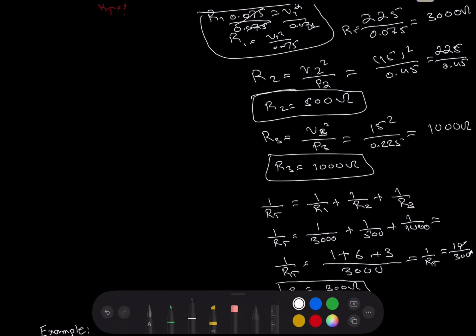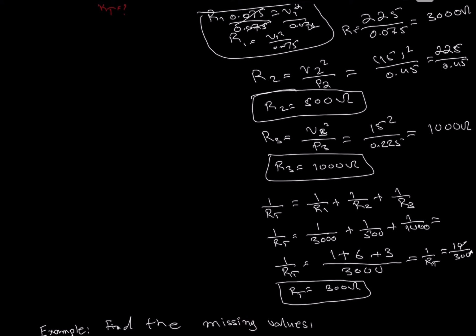Okay, so we found all the values here. Let's draw the circuit with the green color. We have 3 resistors, we have a battery, resistor 1, resistor 2, resistor number 3.